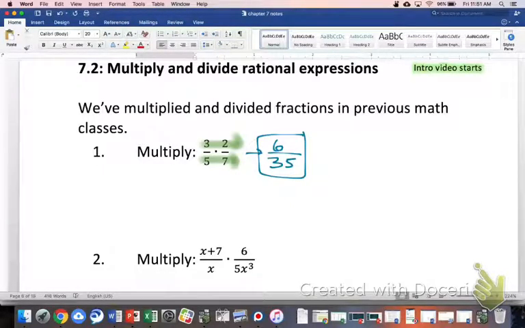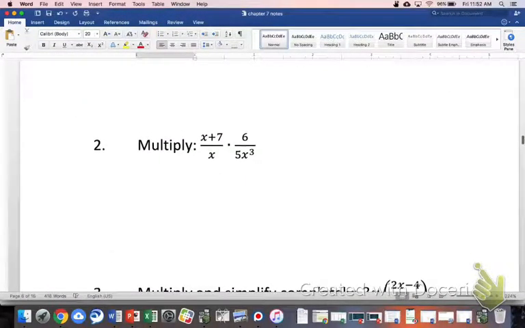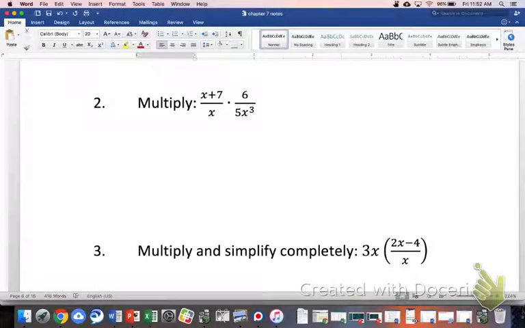Let's take a look at number 2. Clearly, you can see with number 2, the numerators and the denominators now involve variables. And we're going to check out what to do with that. The truth of the matter is you do the exact same thing that we just did. When you're multiplying two fractions together, you multiply the numerators together and you multiply the denominators together.